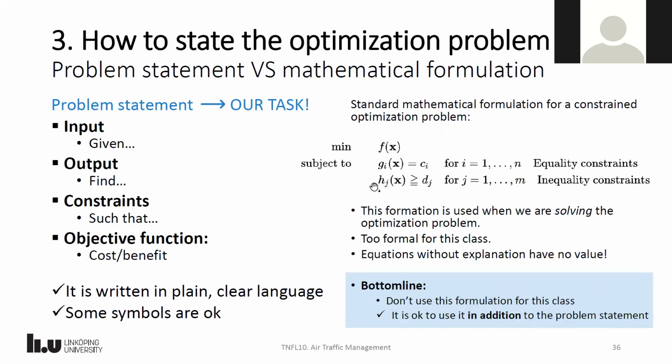Okay, so something that I want to make clear is the difference between our problem statement and the mathematical formulation. Our task is to find this: given blah, blah, blah, find the output such that it meets the constraints and it minimizes or maximizes an objective function. This is written in plain, clear language, and including some symbols is okay, as we saw earlier.